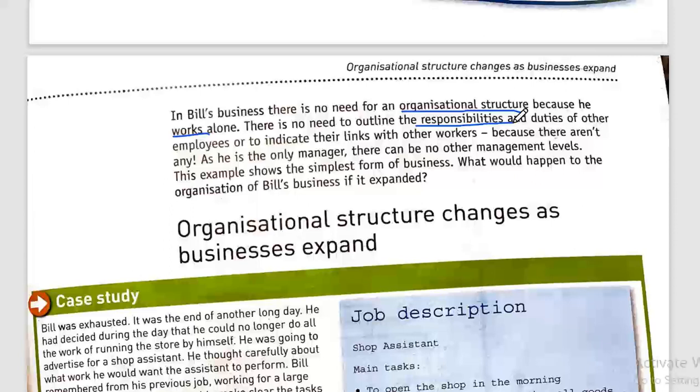Unlike businesses that have a lot of employees, where I have to define the responsibilities and duties for all the employees. When I have a lot of employees, I have to make this organizational structure, and I have to assign responsibilities and tasks in different levels of hierarchy.